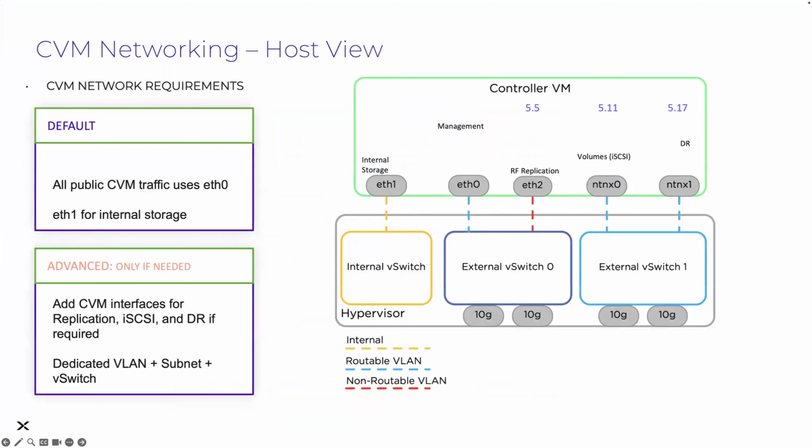Similar to our replication or volume iSCSI or DR, we can actually have separate traffic for each of those data movements. But for the most part, 90% of our customers just have it all in eth1 in one traffic network. But if need be, we can have a separate one for RDMA, replication factor, volume, and DR.